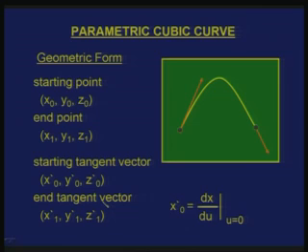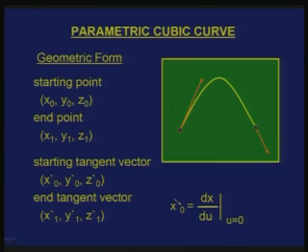The end tangent vector is nothing but x prime, y prime, z prime at u equal to 1. If somebody has to evaluate x prime 0, it refers to dx by du at u equal to 0, which is shown here, which basically refers to x prime 0.